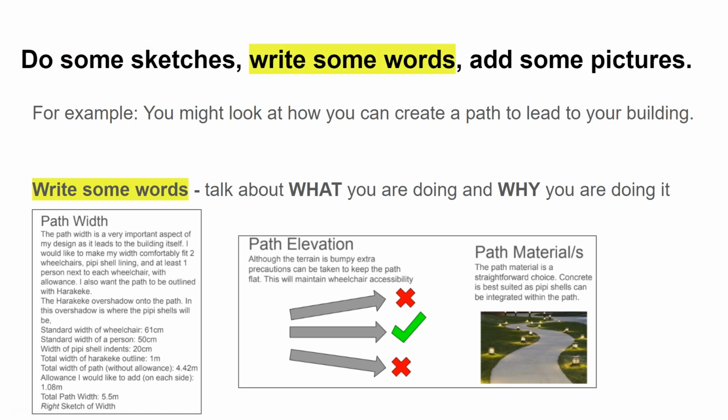Then in the middle, they've used some words to explain their pictures that they've drawn, saying why they've done it. So they've said concrete is best suited, and so on. They've said they want to keep the path straight because the terrain's bumpy, and this will maintain wheelchair accessibility.